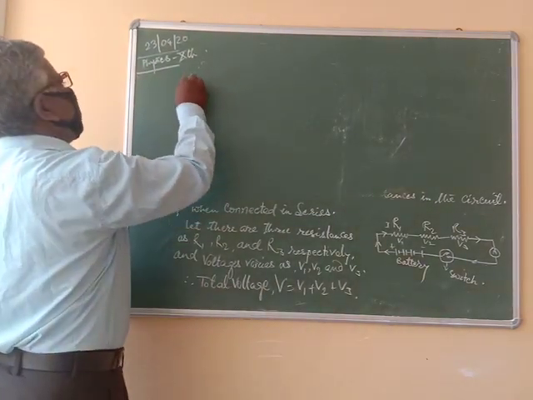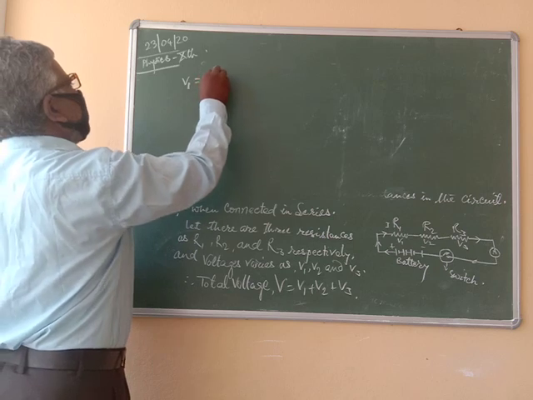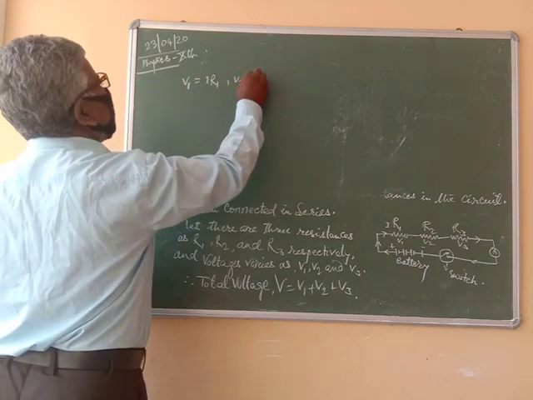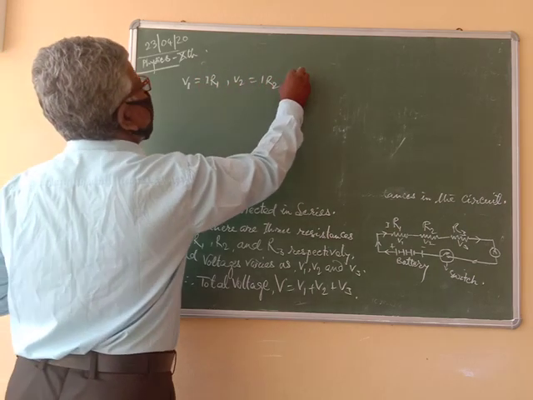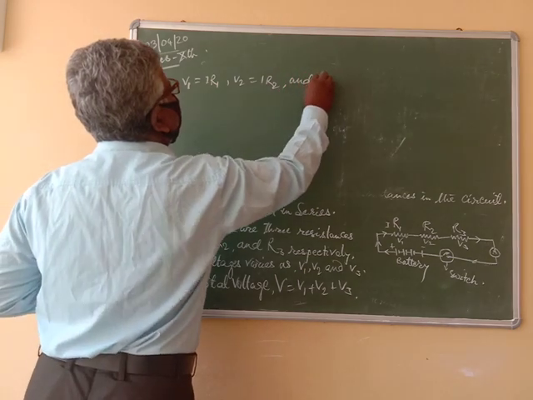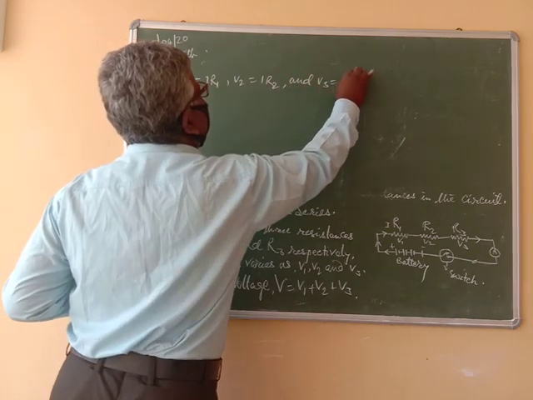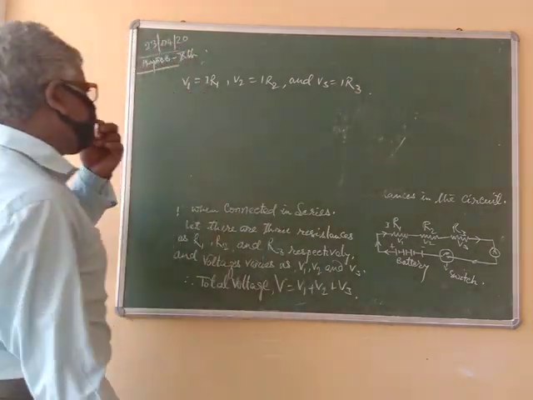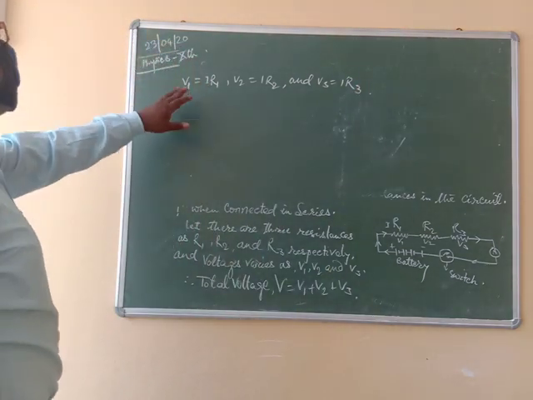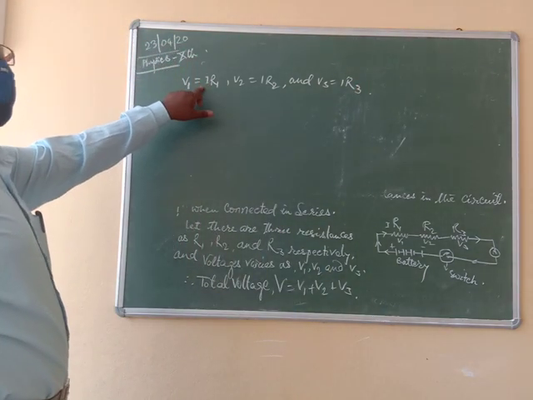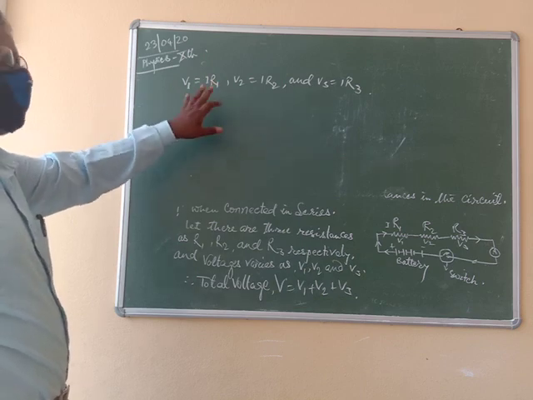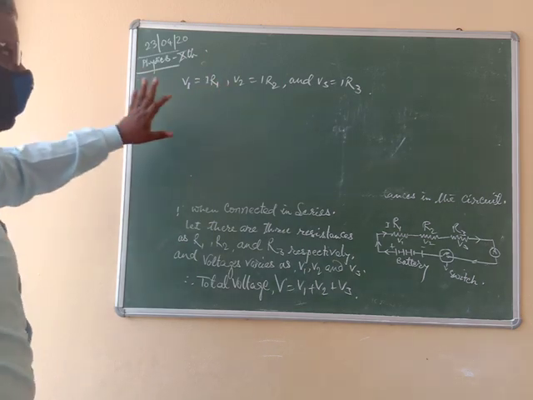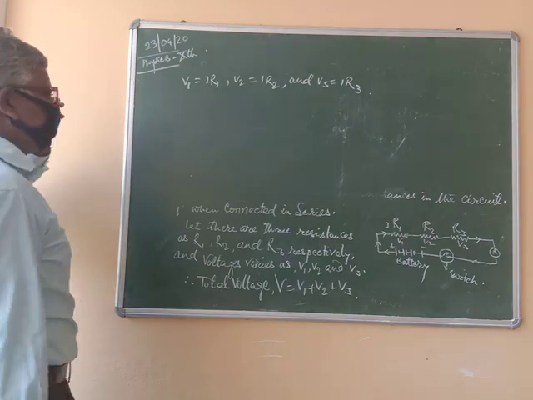So V1 is equal to IR1, V2 is equal to IR2, and V3 is equal to IR3. Here it is clear: I stands for electric current and it remains constant in the entire series combination circuit.